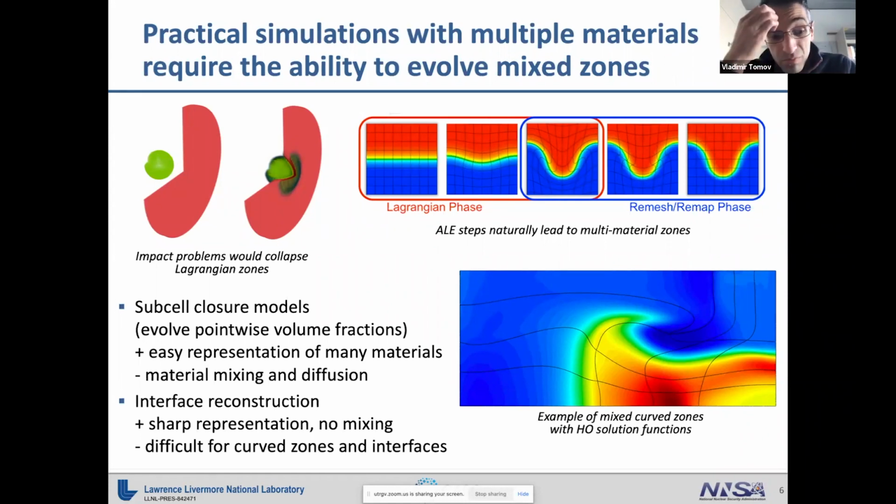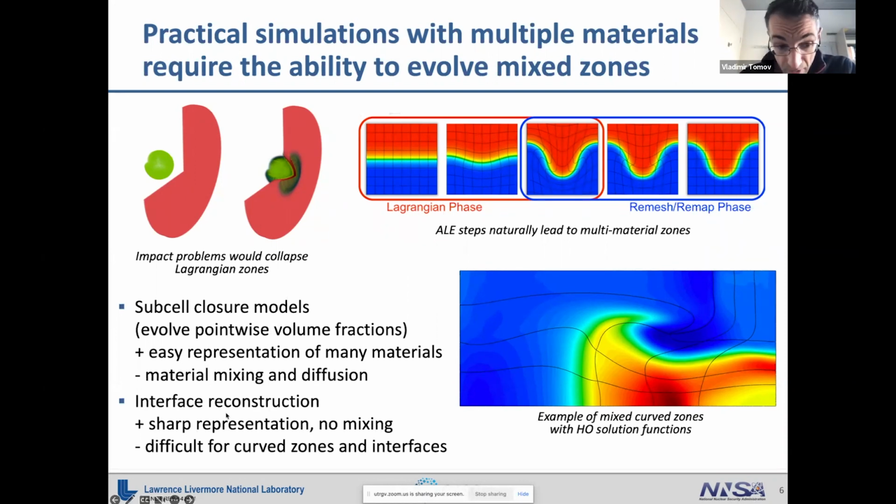So there are two main ways to approach mixed zones. Closure models, based on evolving volume fractions. It's easy to represent materials, but one can get mixing and diffusion, which are usually difficult to handle. Or interface reconstruction.